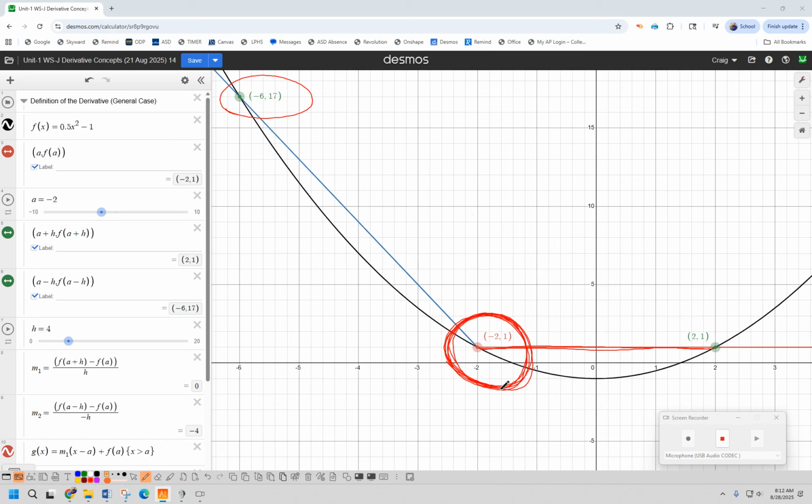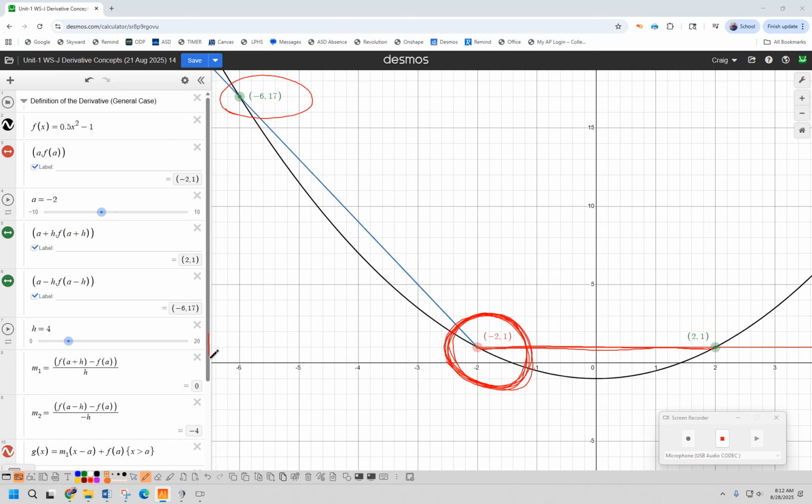It's dropping 16. The y value is going down by 16. We'll go to Dylan. So Dylan, how much is the x value changing from point to point? 4. So if we take 16 divided by 4, what do we get, Dylan? 4. But it's going down, so it's a negative 4.